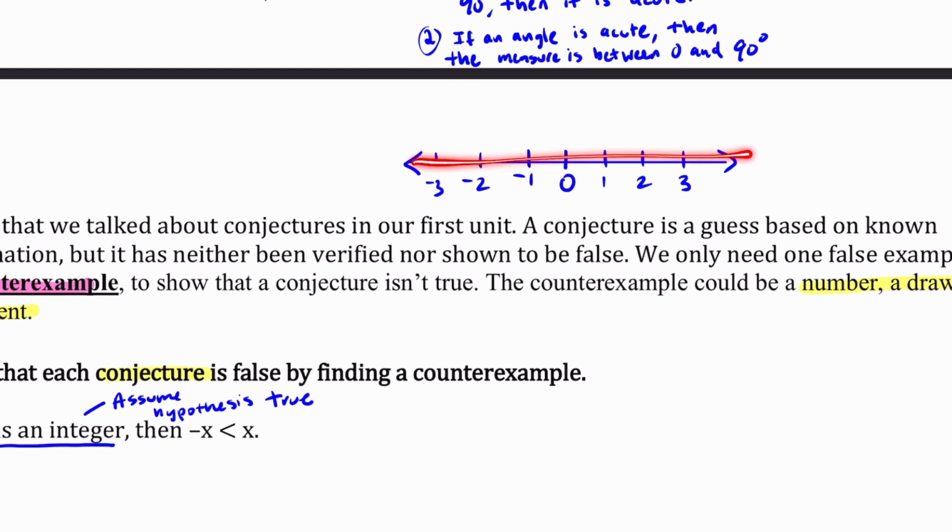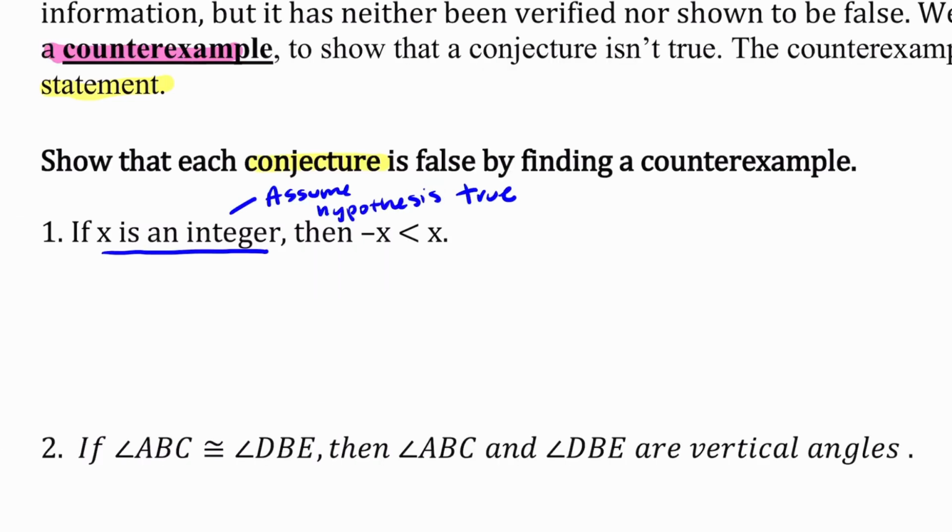Since this is a number line, it keeps going forever in both directions. So make sure they are positive whole numbers, negative whole numbers, and 0. Those are integers. What I like to do first is show that the statement is true.